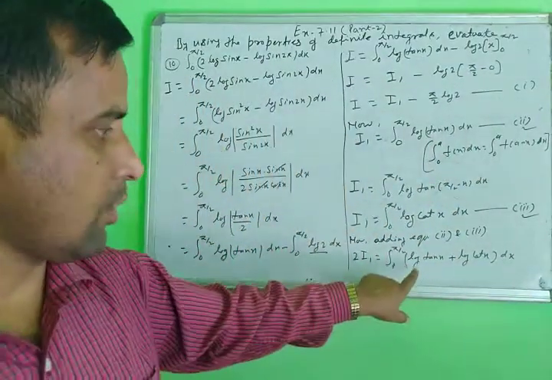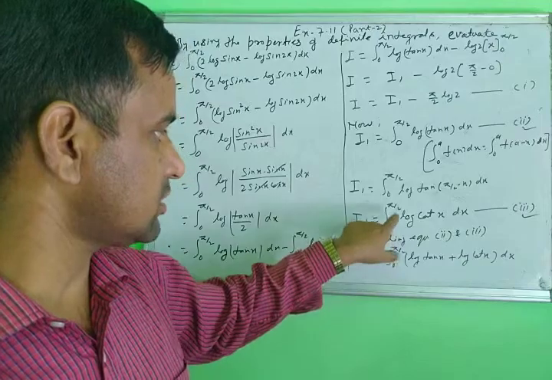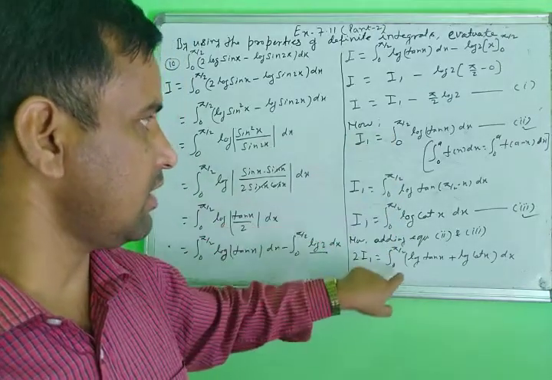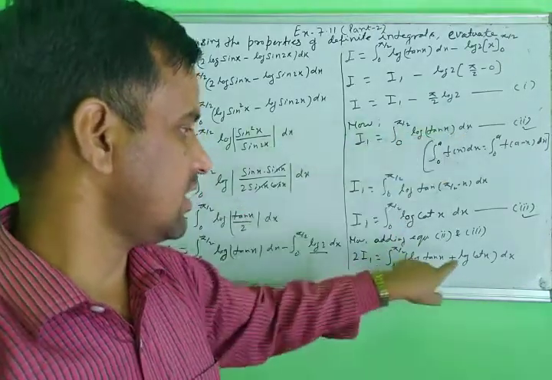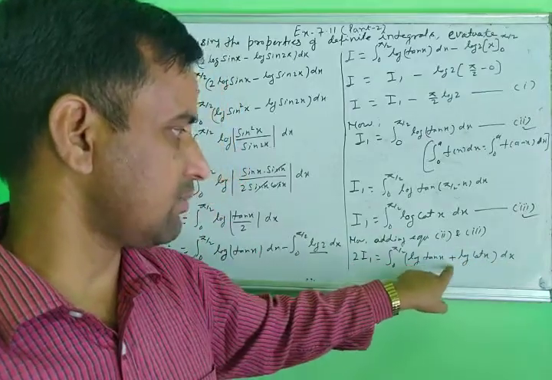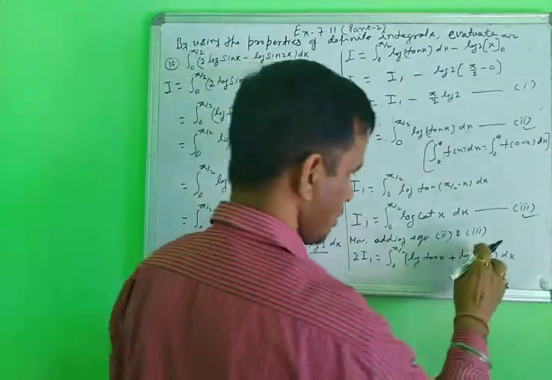Then you get the integral of log from 0 to pi by 2, the limits are the same here, and 0 to pi by 2 is the same here. Taking dx common, log tan x plus log cot x.